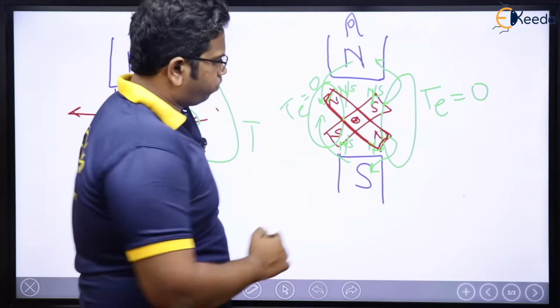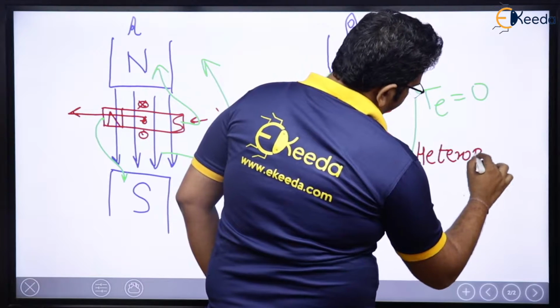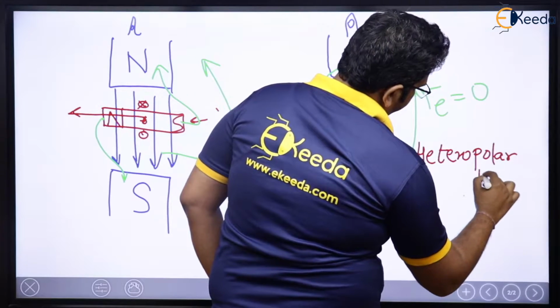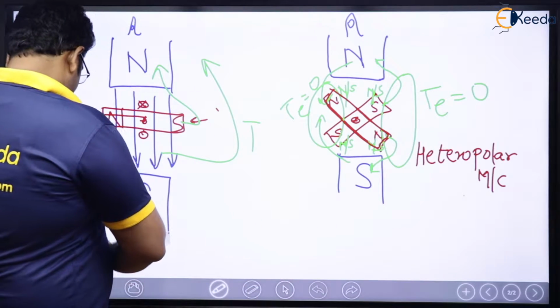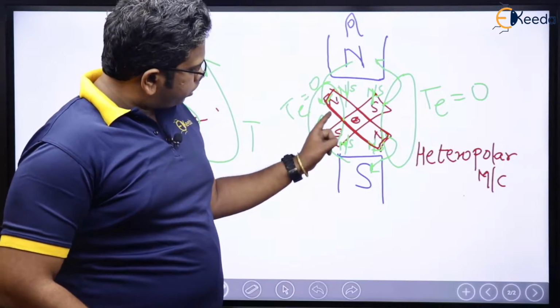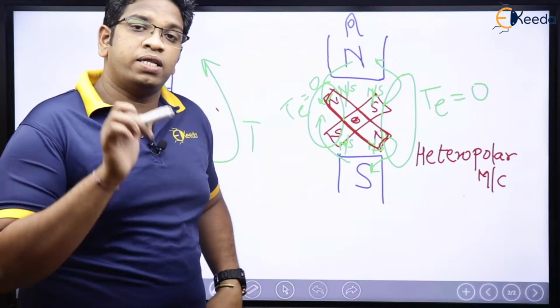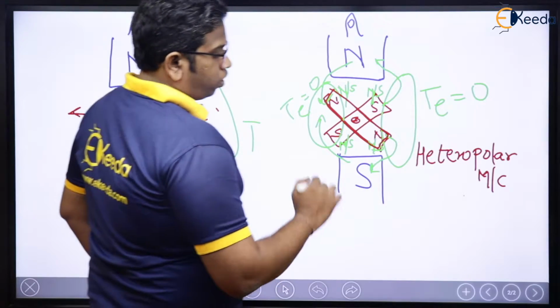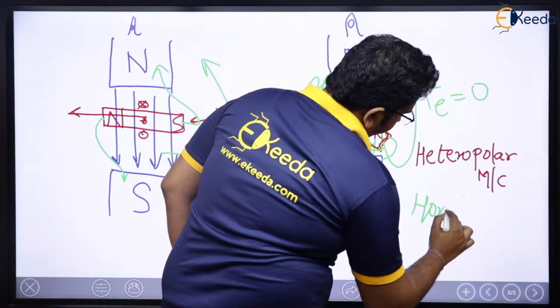What is it called? Heteropolar. And if all the poles are north, or all are south, then that machine is called a homopolar machine.